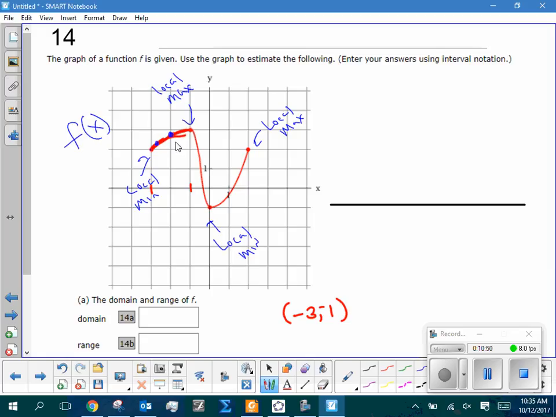And that continues to happen. If I look at now that point and that point, still my y values are getting bigger, and I can keep doing that until I get to that point right there, that's the very tip top. It's the maximum, and then everywhere after the maximum, I'm going to start decreasing again.